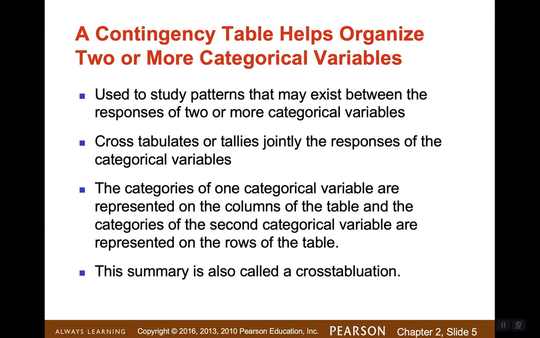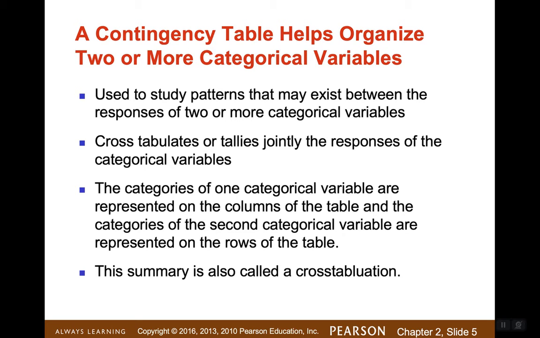Now, that's the case for a single variable, so that's pretty straightforward. Where we have more than one variable, we can use something we call a contingency table. A little bit of a different tool here. What we'll use this for is the patterns that exist between responses of two or more categorical variables.